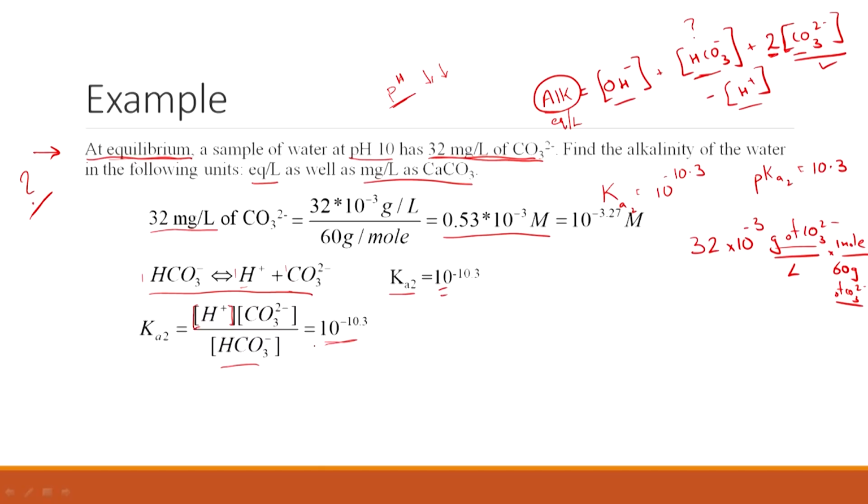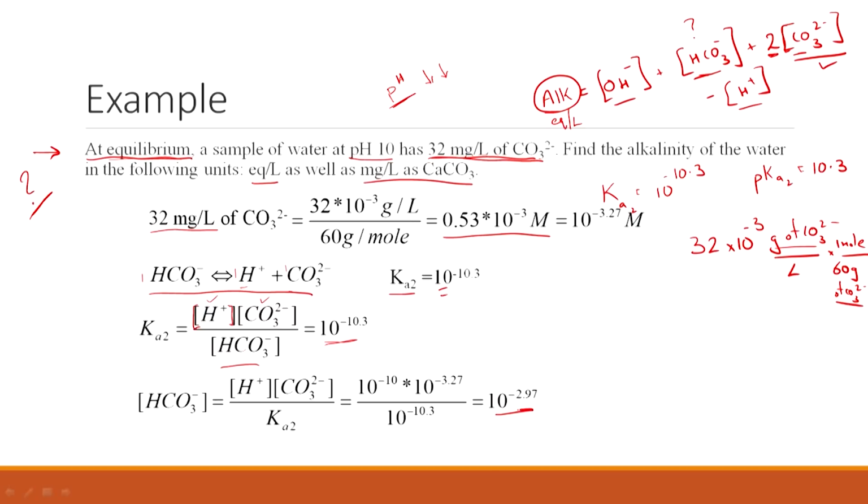So here we have Ka equal to 10 power minus 3, H plus, CO3 2 minus. Now you can calculate HCO3 minus, right? So it looks like we end up with 10 power minus 2.97 molar units, I guess.